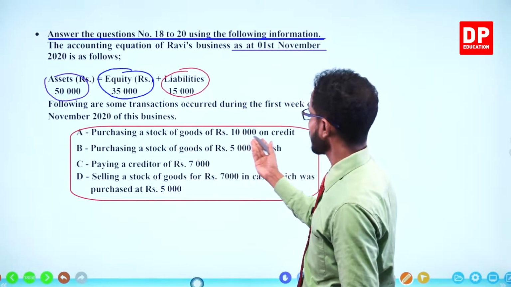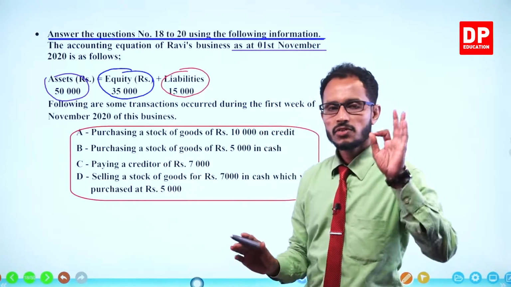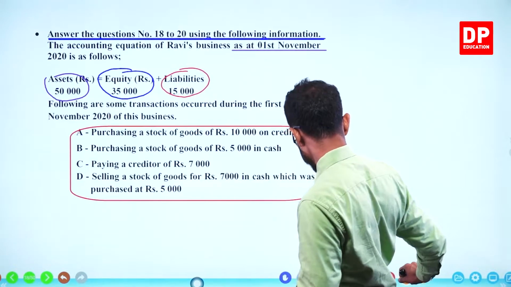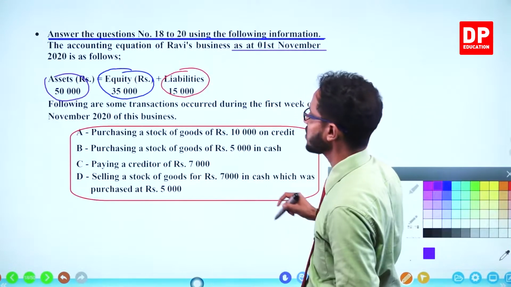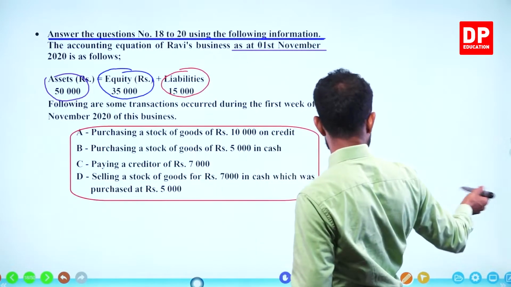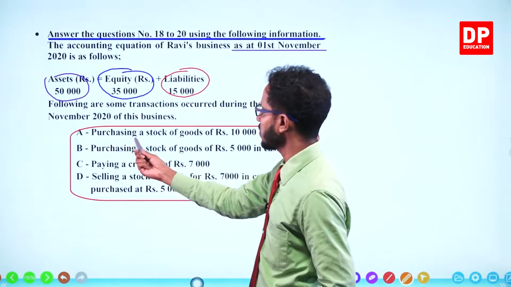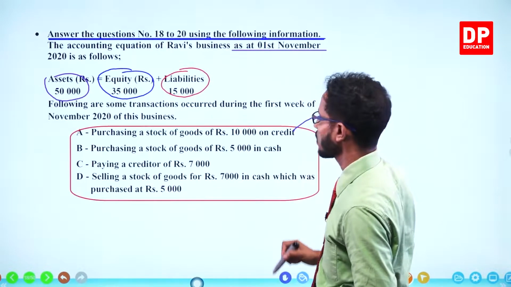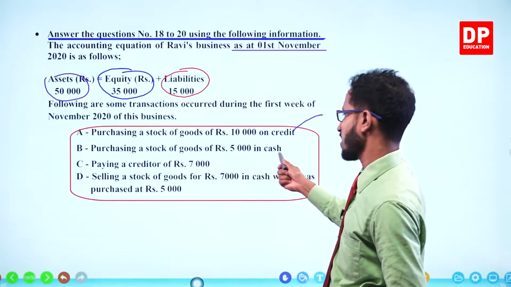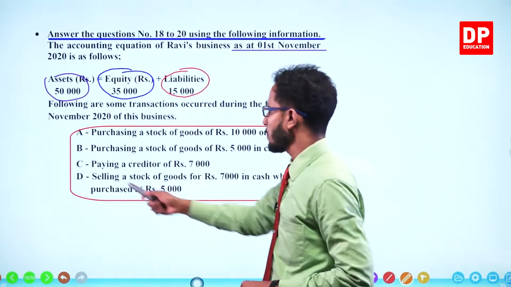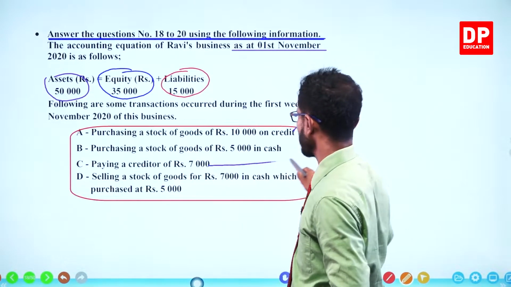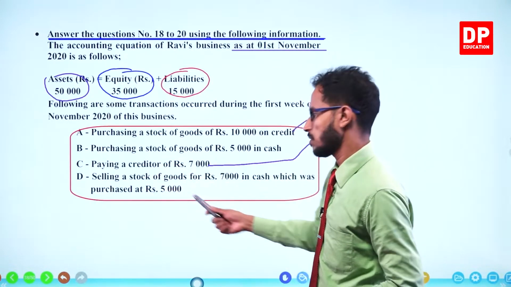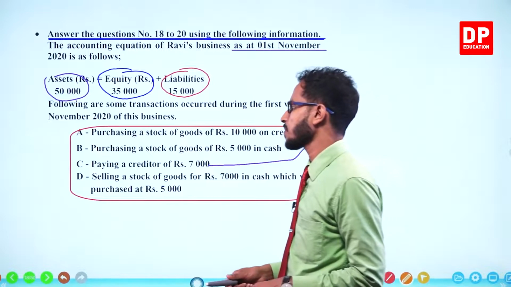Now you select the transactions which affect liabilities. Purchasing a stock of goods, 10,000 on credit: this affects liabilities, so we will take this. Purchasing a stock of goods in cash doesn't affect liabilities. Paying a creditor, 7,000, also affects liabilities. Selling a stock of goods for 7,000 in cash, D, doesn't affect.